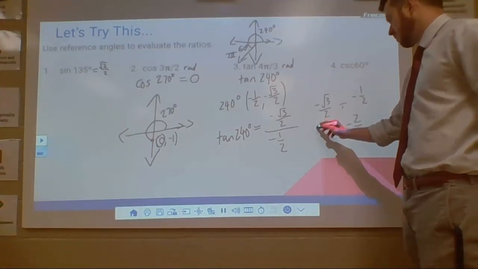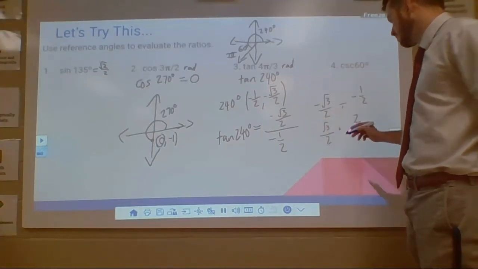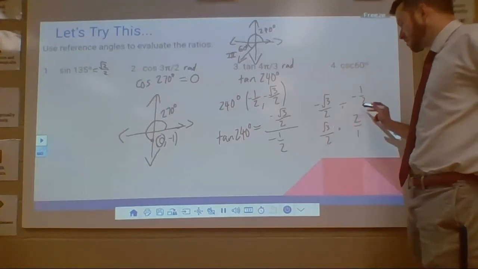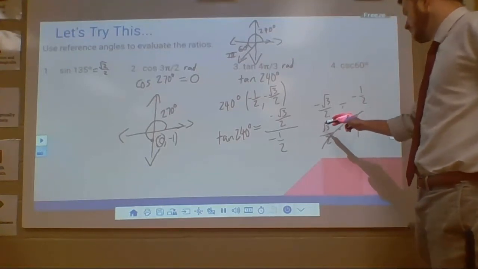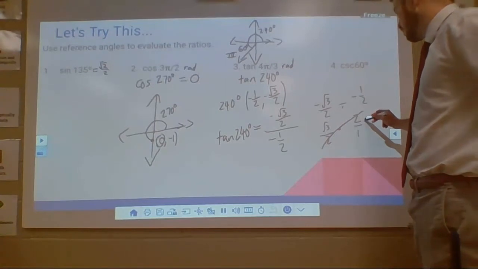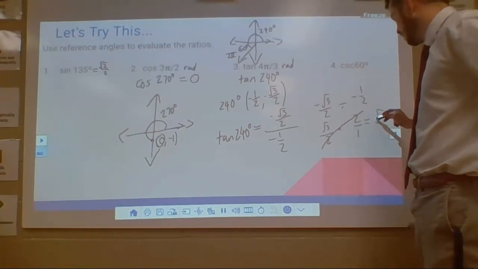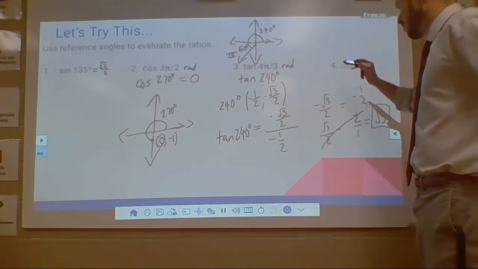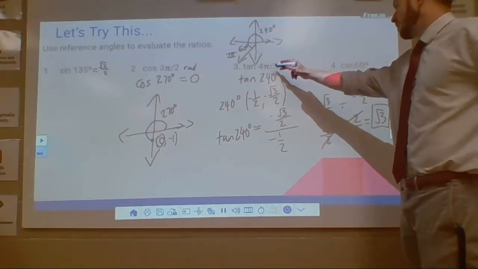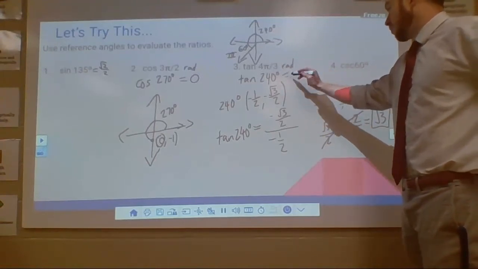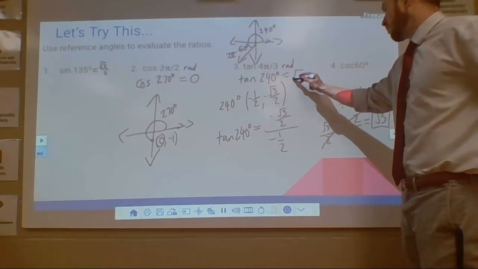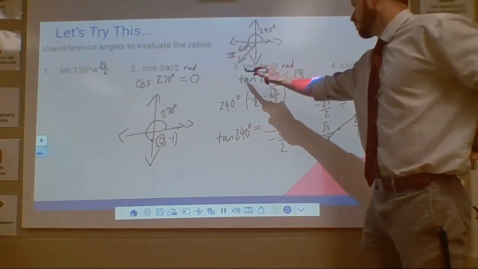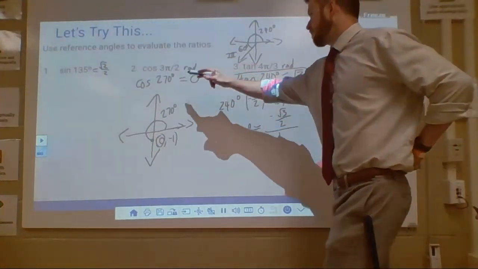I'm just going to go ahead and get rid of the negatives just to make this a little nicer looking. Now, we can cancel these 2's diagonally. So we get square root of 3 over 1, which is just the square root of 3. So the tangent of 4 pi divided by 3 radians, or 240 degrees, is going to be the square root of 3. And let's box that.